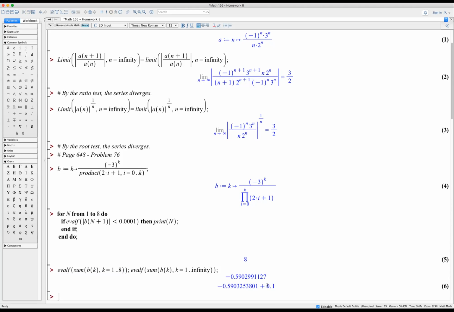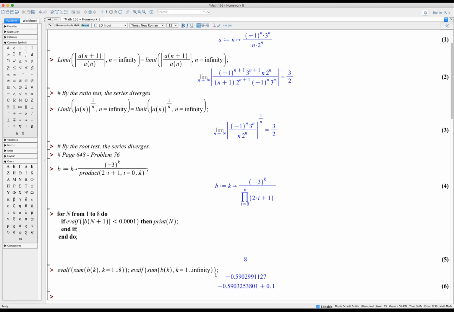This is some imaginary error, but these two numbers agree to less than 0.0001. That is, if I take the difference, it's less than 0.0001.